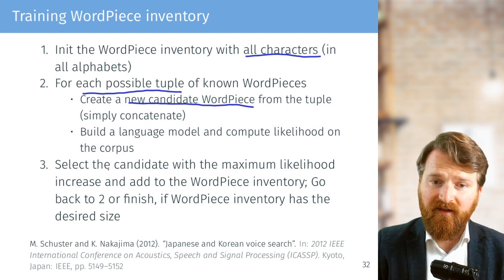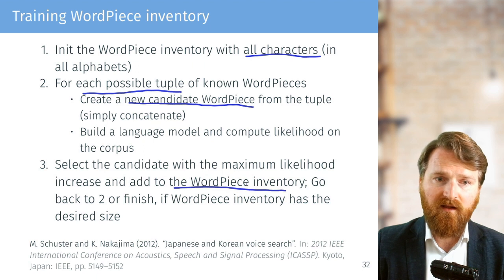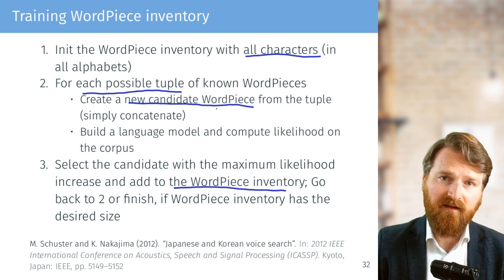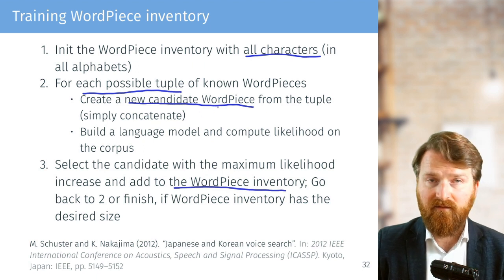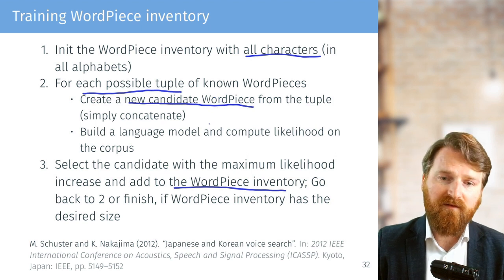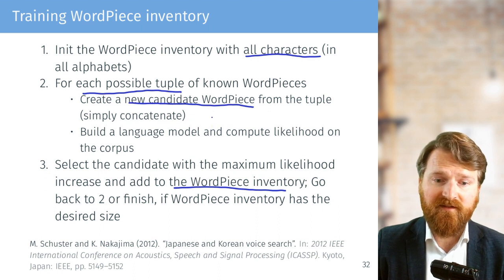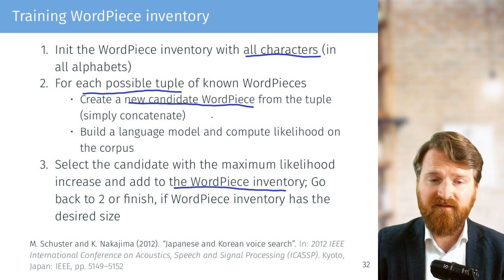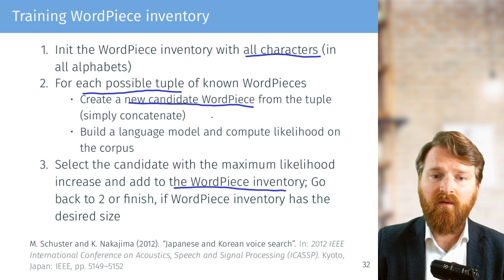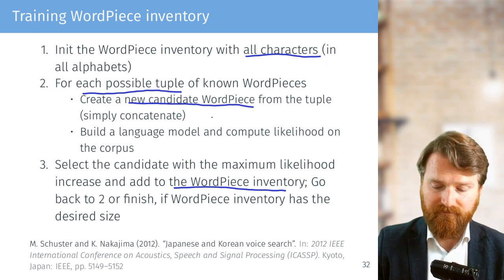Then select the candidate with the maximum likelihood and add it to your word piece inventory. Then go back to the second step and generate another candidate or candidates, and so on. It sounds really brute force, but with a couple of heuristic tricks, it can be super fast and train within a day or 2 with very good word piece units.